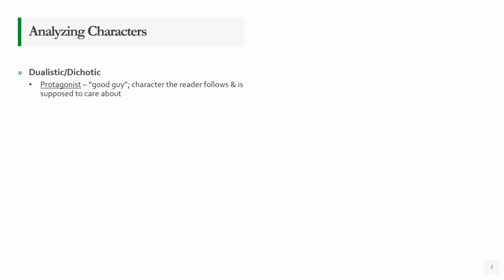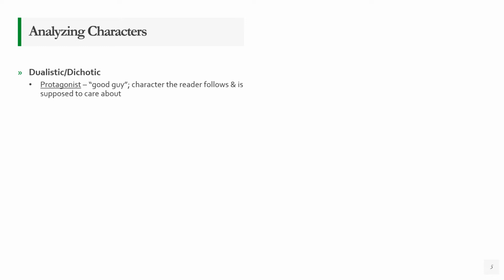They don't always have positive or selfless ambition going on here. It's usually supposed to be the character that the reader follows throughout the course of a story and is someone that the reader is supposed to care about somehow. And again, a protagonist is not always a scrupulous character. It's not always a character who is a good person.